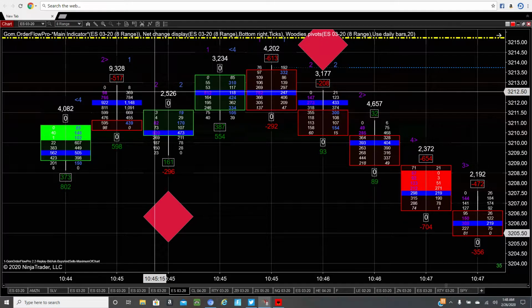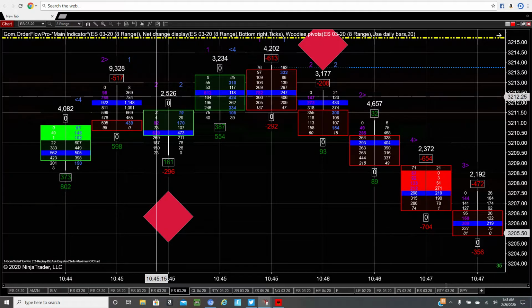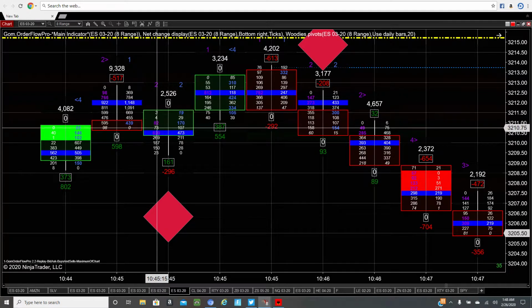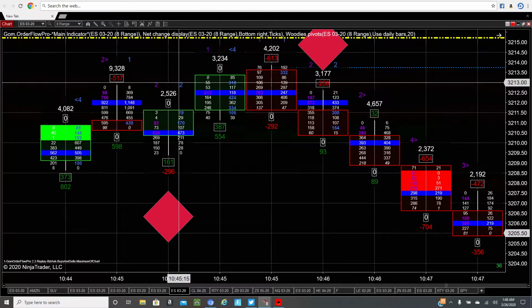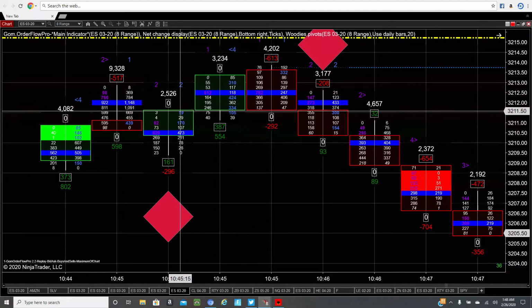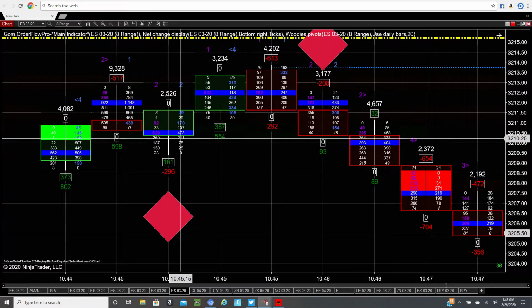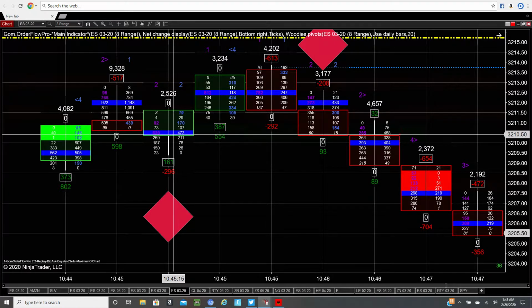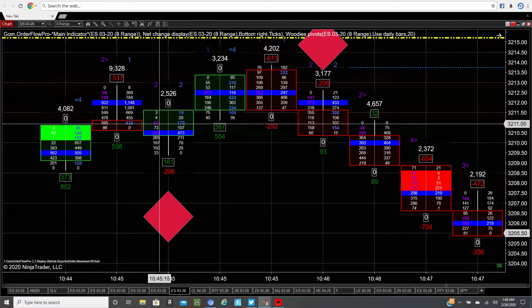So these two numbers here, this purple number here, that means there were two order imbalances on the bid side. And this blue 2 means there were two order imbalances on the offer side. Now keep in mind that the order imbalances are measured diagonally.